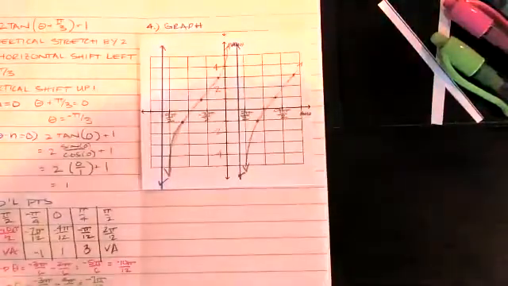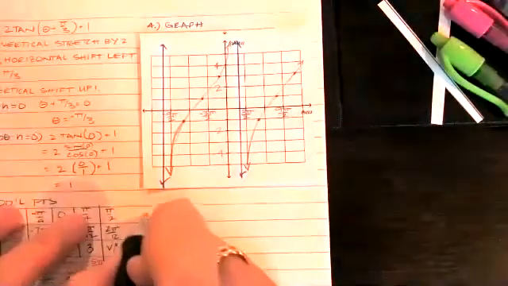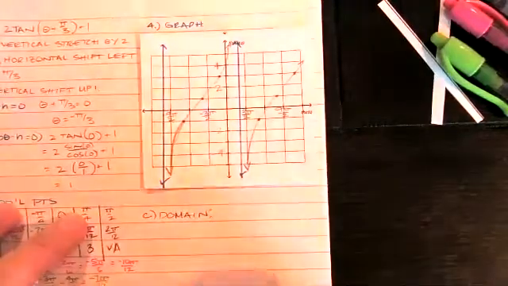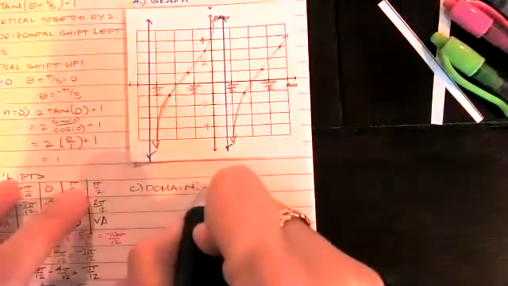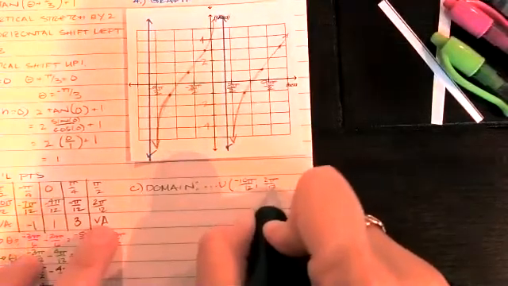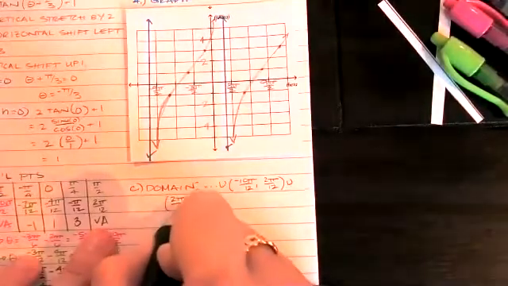Okay, so the domain is, it goes from negative 10 pi over 12, comma, 2 pi over 12, union 2 pi over 12.